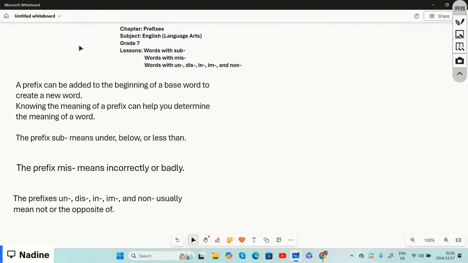And the lessons that we are going to be focusing on under the chapter of prefixes are words with sub, words with mis, and words with un, dis, in, im, and non. That's going to be our lessons for today.